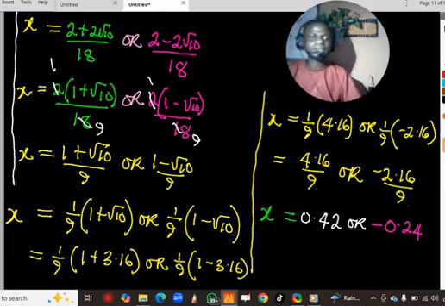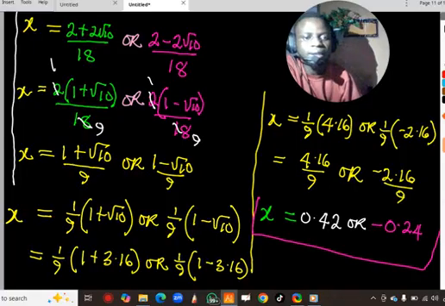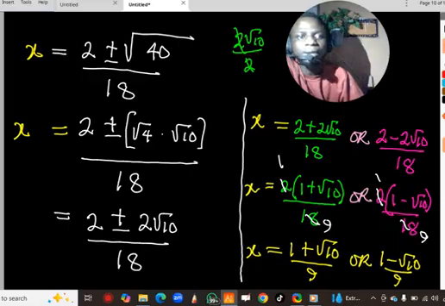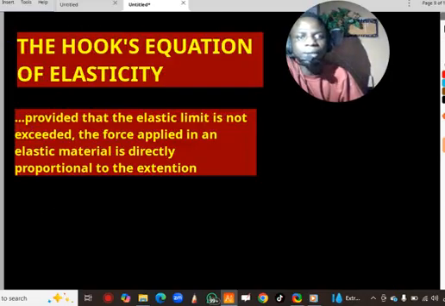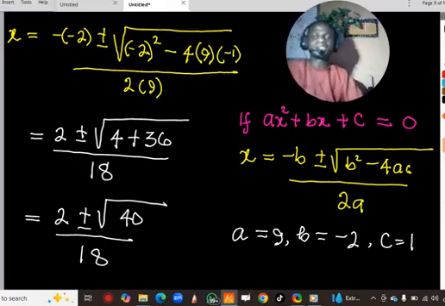So these are the values of x which satisfy the equation we had before. Can we go back? Let's go back. Sorry, fortunately the answer is erased.